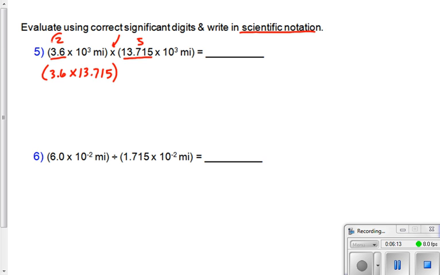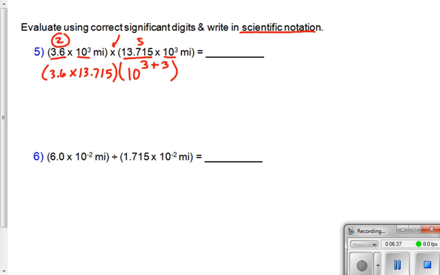This would have 5, so we would need to round our answer to 2 significant digits. Multiply those together. The next thing we would take and group our exponents together. And remember, when you multiply, you add your exponents. Same base number 10. We would have 3 plus 3.